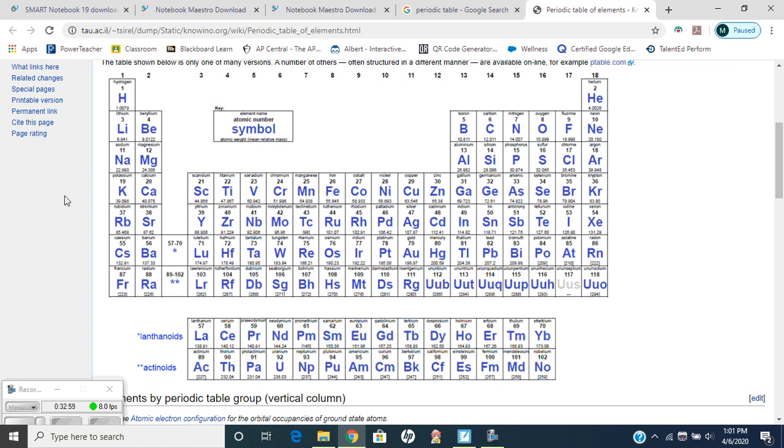I need to solve for moles. So that would equal 5 divided by 74.55. And I get 0.067. So with 2 sig figs, 0.067 moles. Now that I've got moles, I'm going to go back up here.